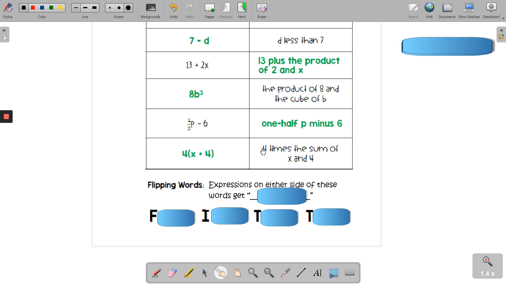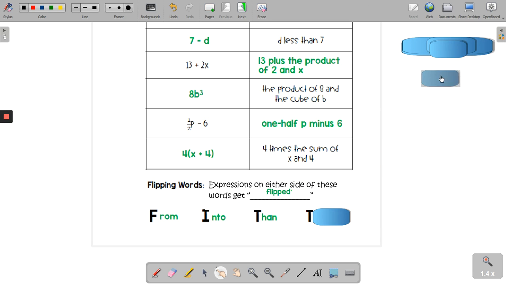So we have some flipping words when we're talking about writing expressions. Expressions on either side of these words below get flipped. So the words of, from, into, than, and to.